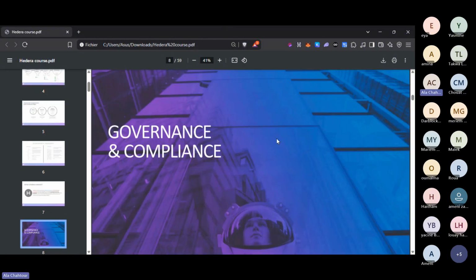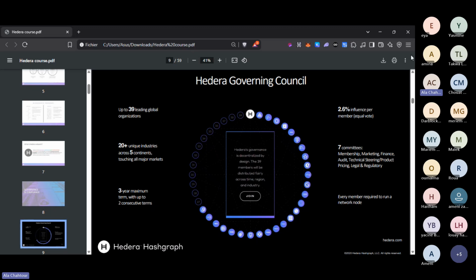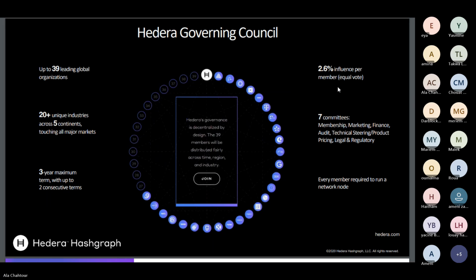Now let's take a look at the governance of the Hedera network. I just want you to know, guys, that the governance of the Hedera network are exactly the validators that Hedera selects in order to validate the transactions on the network. As we said before, the Hedera network is permissioned.